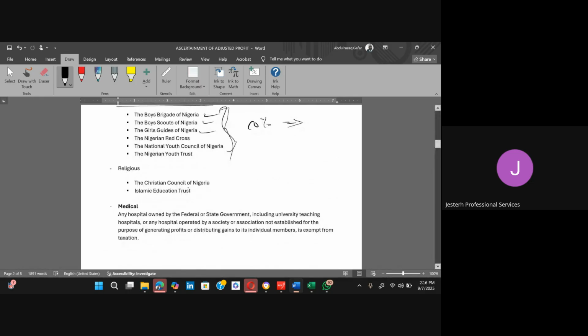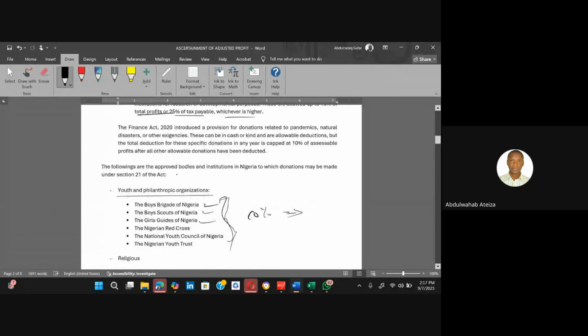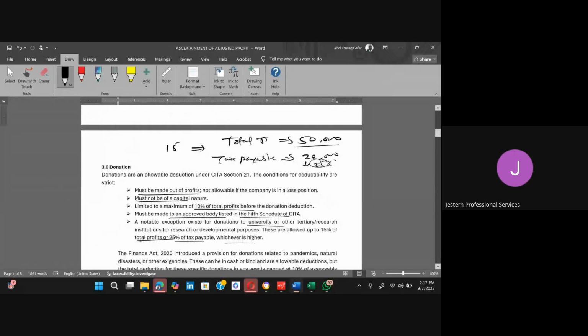We also have religious bodies: the Christian Council of Nigeria and the Islamic Education Trust. Here, it is 10% of the total profits before the donation is deducted.